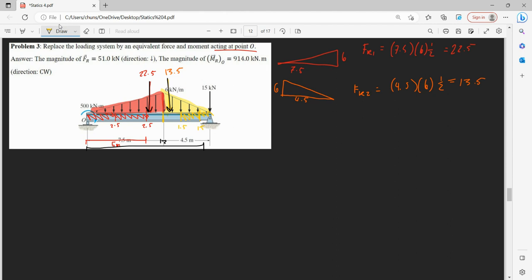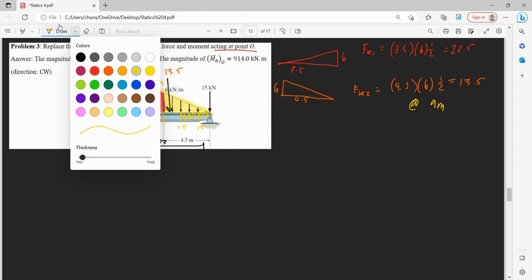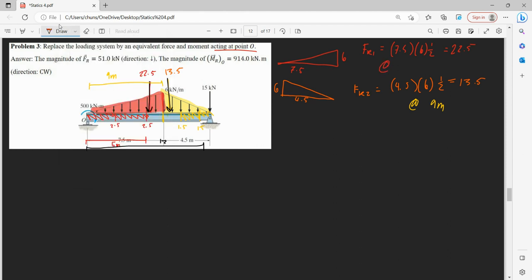So that's 12 minus 1.5 minus 1.5, and that is 9 meters. Sorry, it's a bit messy. So this one is at 9 meters, and this one is at 5 meters. If we were to redraw all of this with our equivalent loads now, we'd find that this acts here. It's 2 and 2.5, 5 meters.